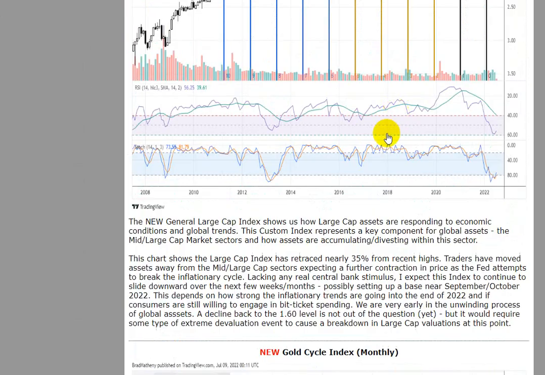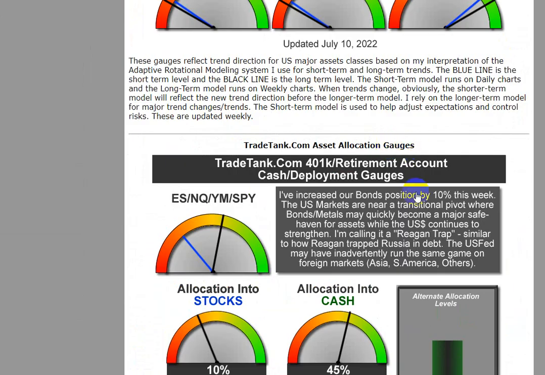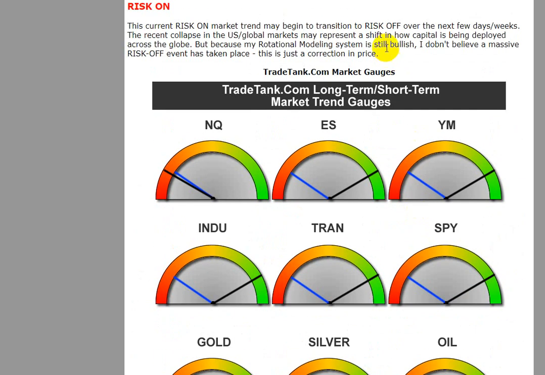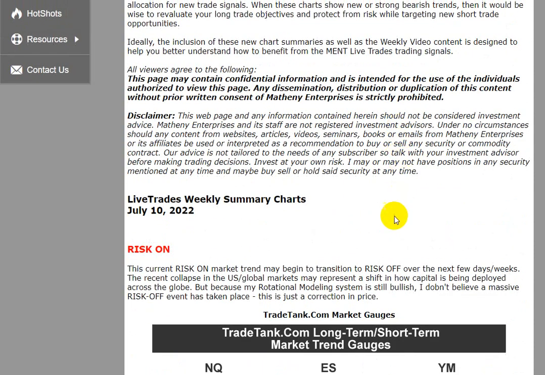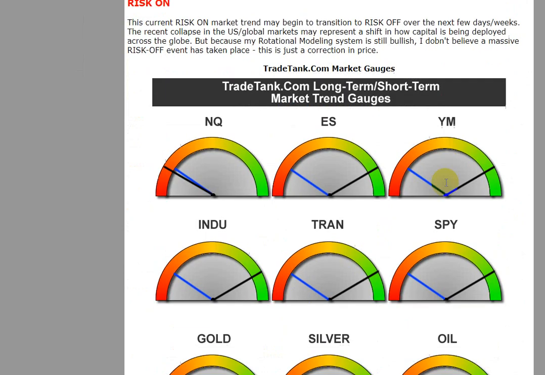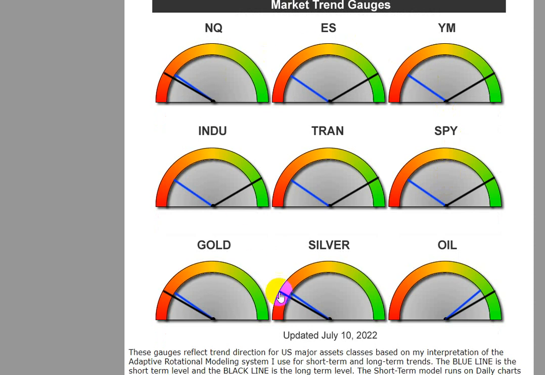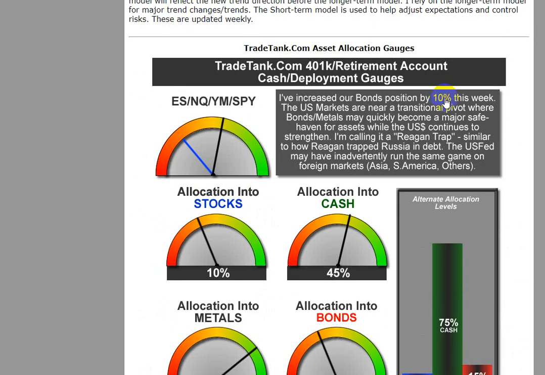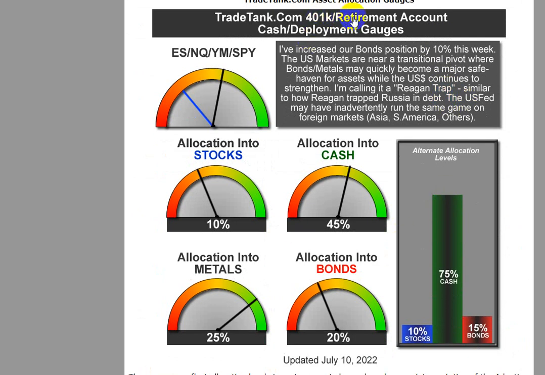And again, remember, I'm providing you all of this information for you to make decisions. This is not something where I'm going to turn around and tell you, buy this, sell this, what have you. I'm going to give you my interpretation of what I see. You can decide what you want to do. I give you these trending models every week, and I give you the hypothetical 401k retirement account allocation gauges.